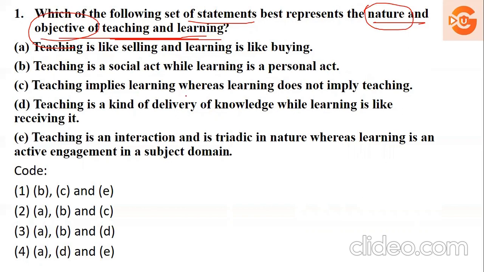Teaching implies learning, whereas learning does not imply teaching. Teaching is a kind of delivery of knowledge, while learning is like receiving it. Teaching is an interaction and is triadic in nature, whereas learning is an active engagement in a subject domain. Those students who are reading it and watching the video, quickly note down your answer.